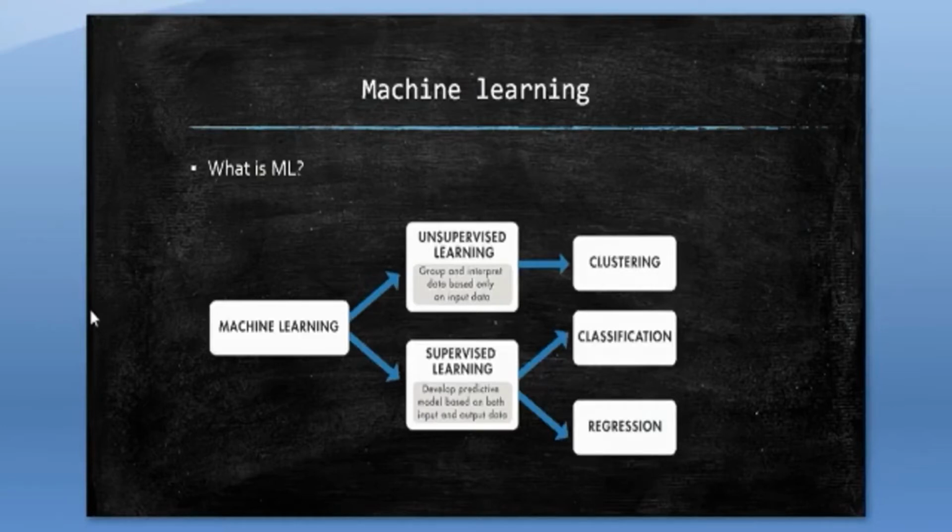Classification will be discussed in more detail in the next slides. Regression: when I say regression, it means prediction. If I have any application that needs to predict things, I use regression.